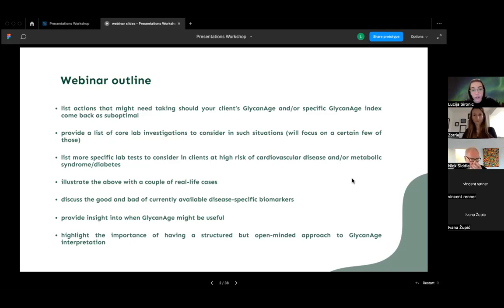I'll give you a couple of real-life cases, which are really interesting. So it's not going to be all dry talk about different biomarkers. Hopefully by the end, you will have some more insight into when you might suggest your client does a GlycanAge test. Also bear in mind that it is quite useful to have a structured approach to GlycanAge interpretation, but it's always good to be open-minded at all times.